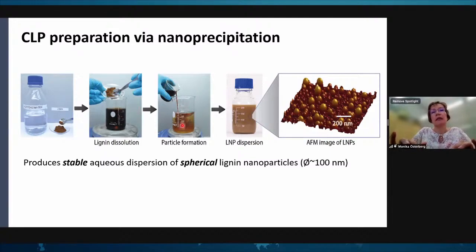And since the lignin is not soluble in water, the water acts as an anti-solvent. The lignin spontaneously self-assembles into spherical particles. And these particles have a negative charge and they stay very stable. So you get a stable aqueous dispersion of spherical lignin nanoparticles with rather well-defined size, around 100 nanometers.